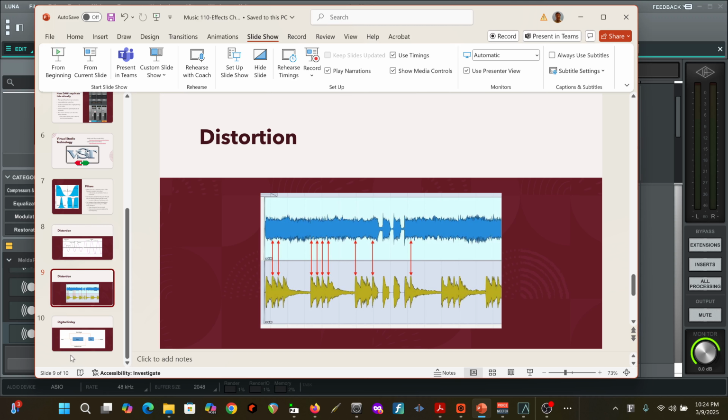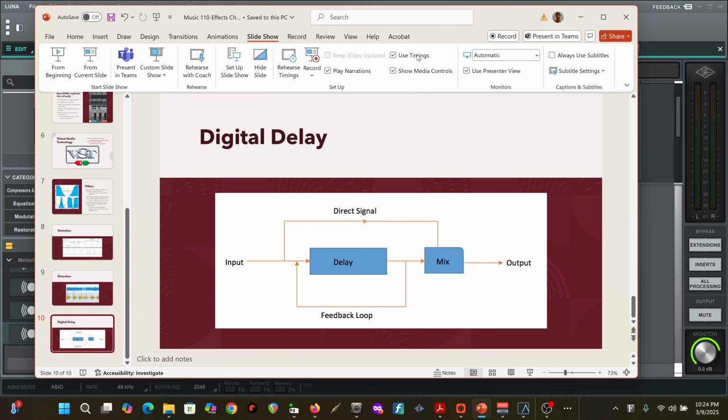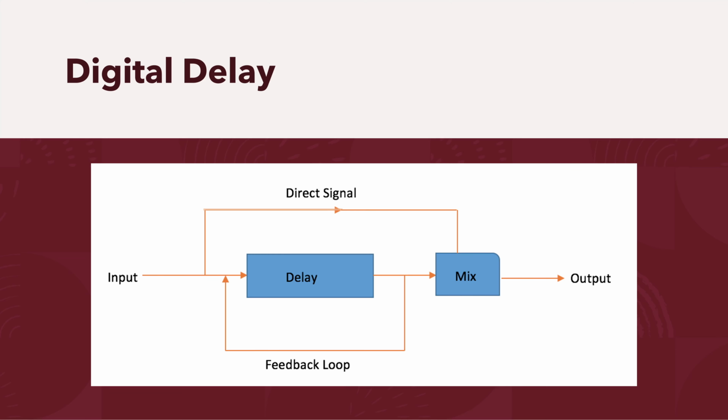All right, the last effect that we're going to talk about today is digital delay. Digital delay is an echo. The way it works is diagrammed here on this slide. We have the input to the effect, the sound that's coming in.